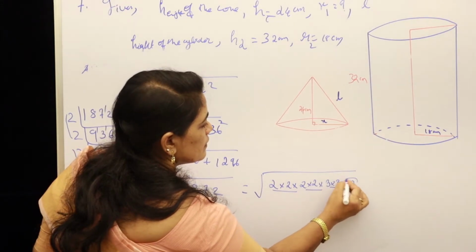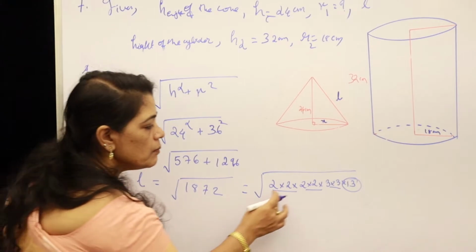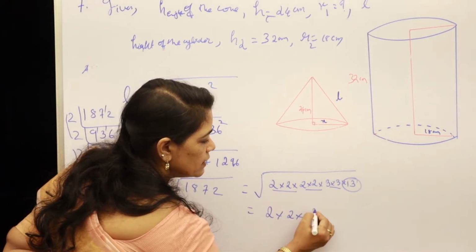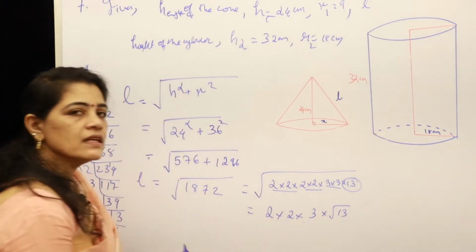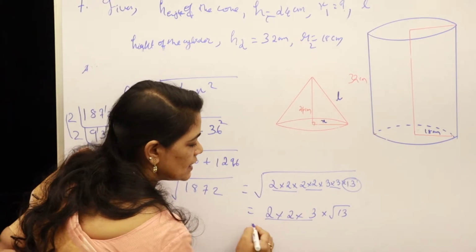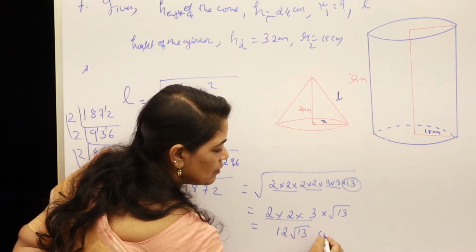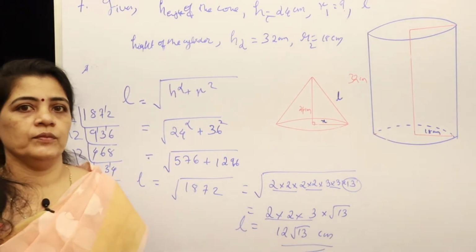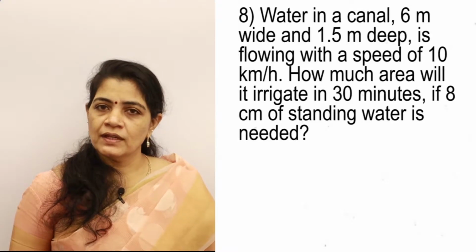So 13, we can't take out of the square root, but you can take 1 2 from this pair outside and 1 3, but you have to express this 13 still in the square root. So their product, that is 4 3s are 12 root 13 centimeter is the slant height of the conical heap. Hope this is clear. Now we are moving to the 8th problem.